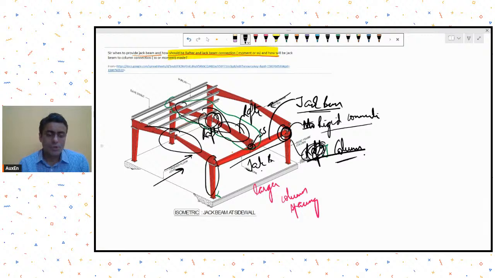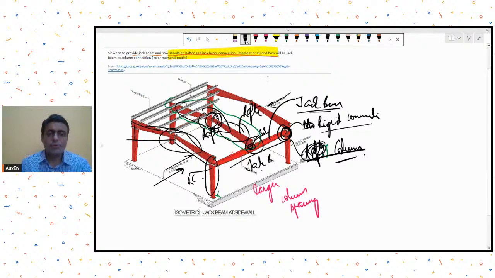Because your usual rafter-column connections are rigid connections, they have a section size according to that. Now if you decide to provide a simply supported connection over here, then your rafter sizes may change, and every rafter which is provided over the jack beam may have a different size.